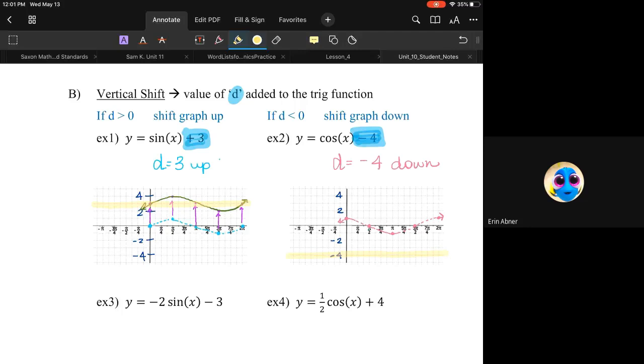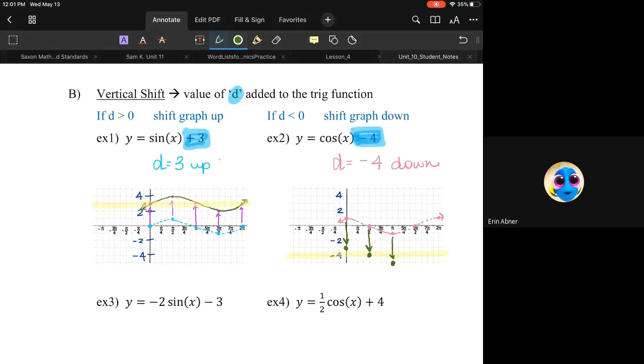But an easier way to do it is just to transfer each point down. I'm going to transfer each point down 4. 1, 2, 3, 4. Down 4. Down 4. Down 4.